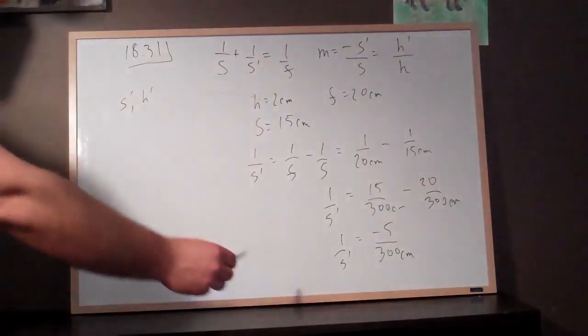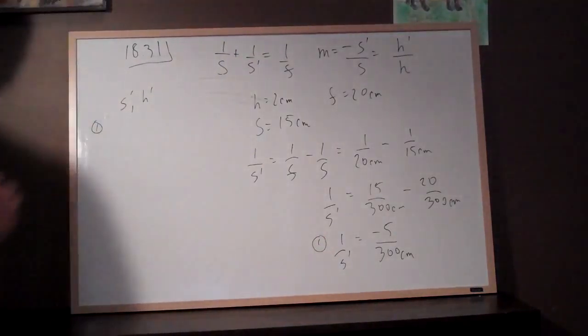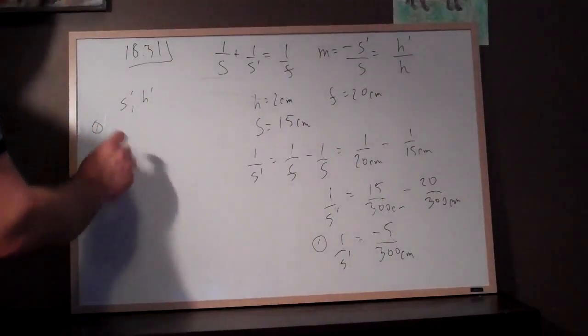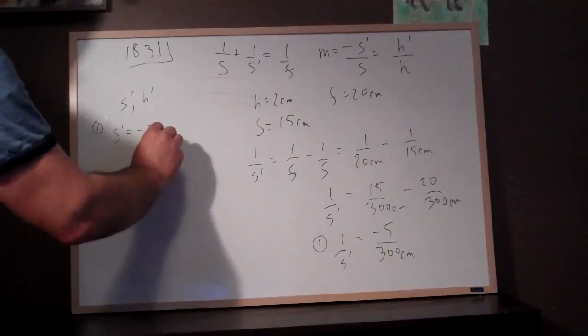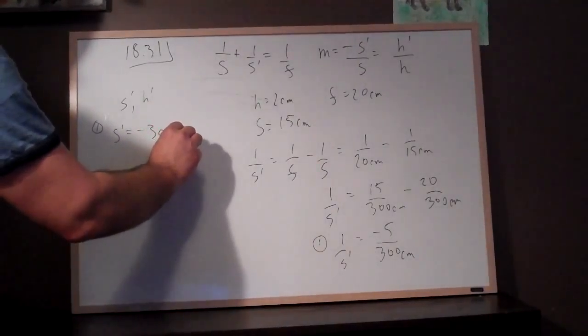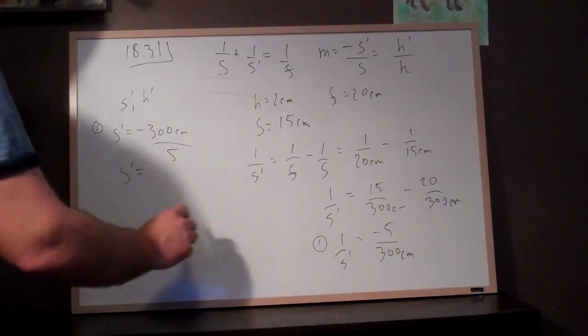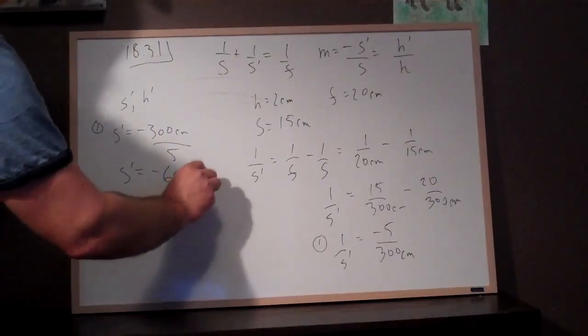I'm taking that equation, let me call it equation 1, and flipping it upside down. So s prime would be equal to minus 300 centimeters divided by 5. So s prime is minus 60 centimeters.